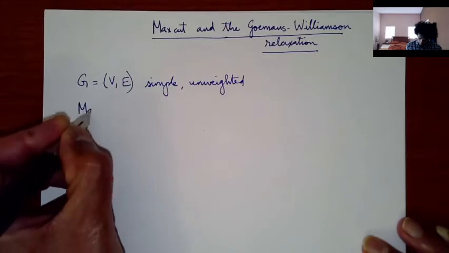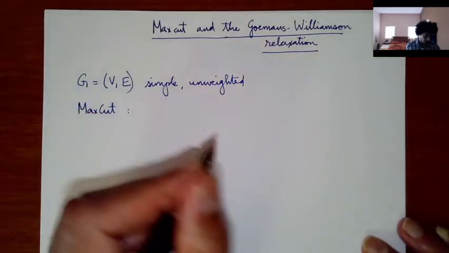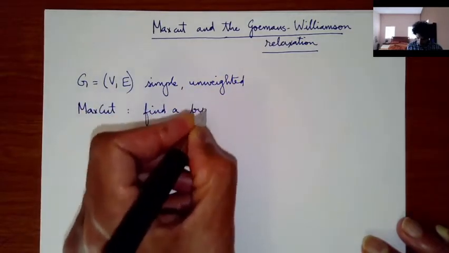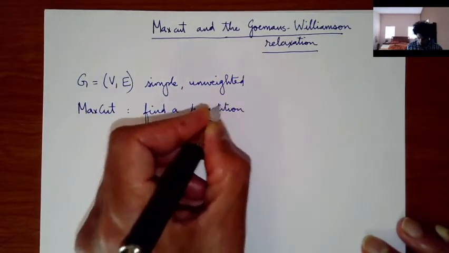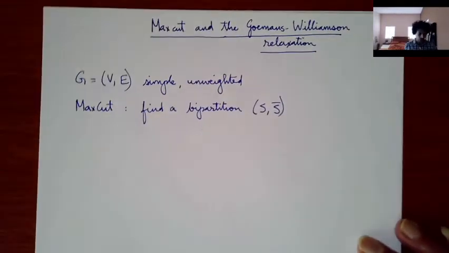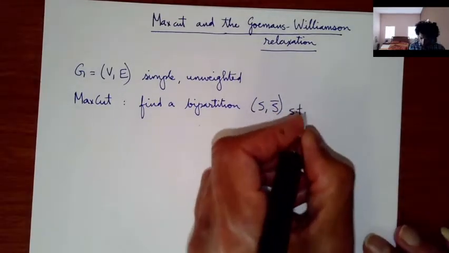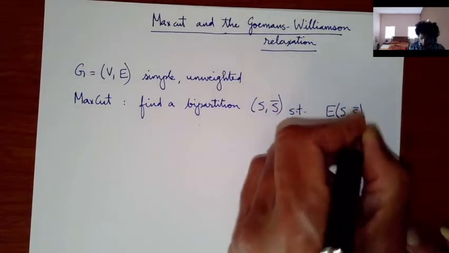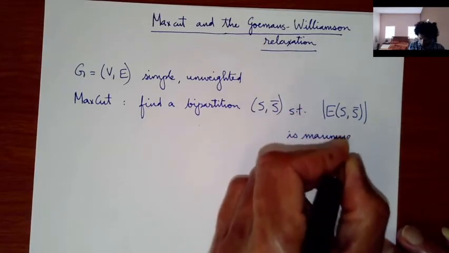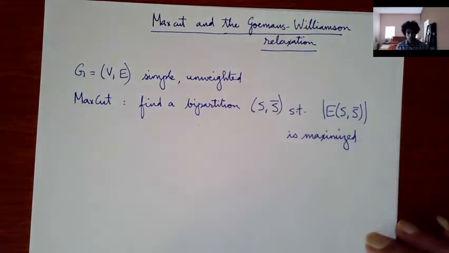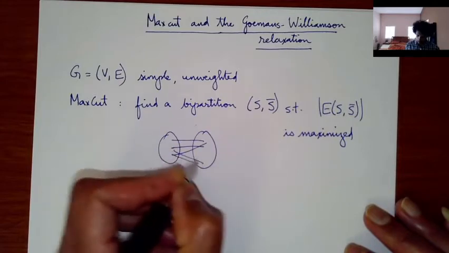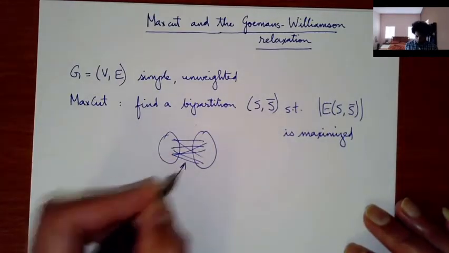So the problem of Maxcut is to find a bipartition, that is, splitting the vertex set into S and S complement, such that the number of edges going from S to S complement is maximized, which means we're going to maximize the number of edges here.